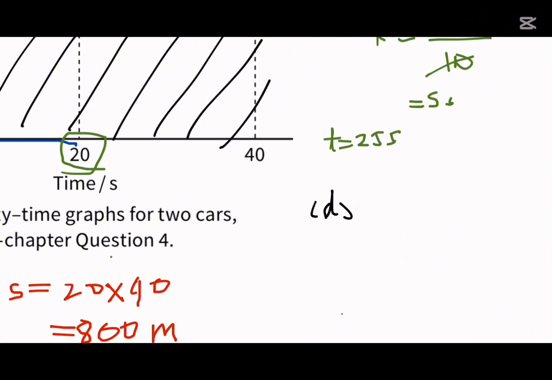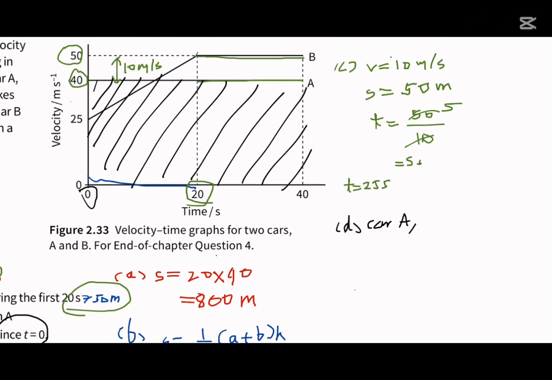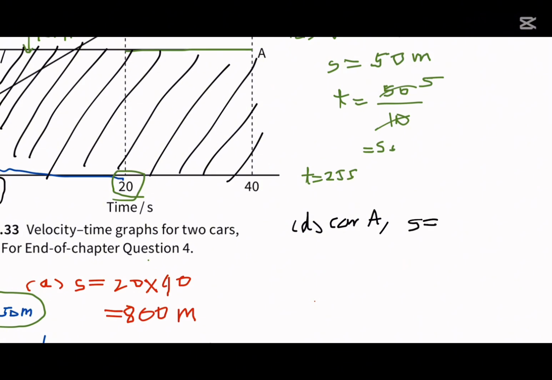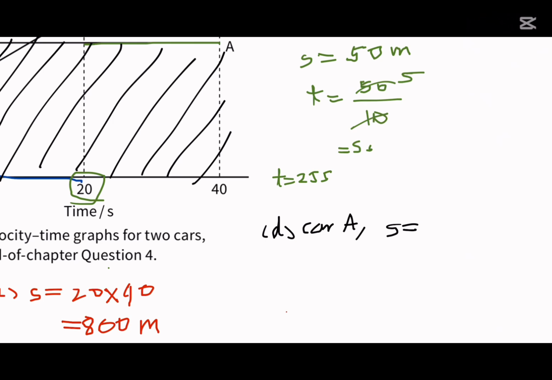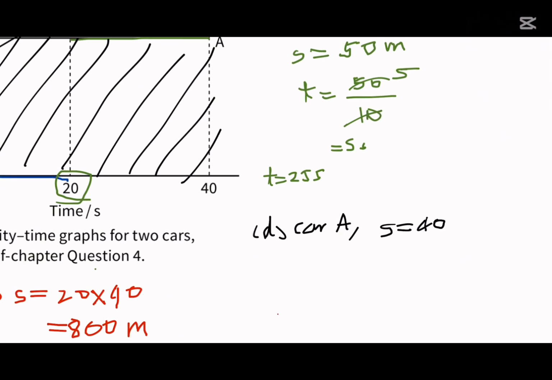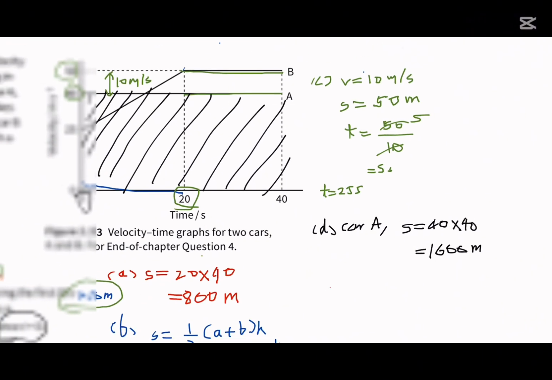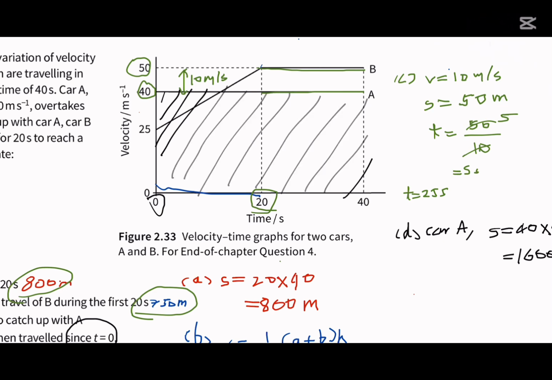Car A will have traveled for about, so this is 40, and that's also 40. So distance, this is 40 and length is 40, so just multiply both. So 40 times 40 is 1600 meters.